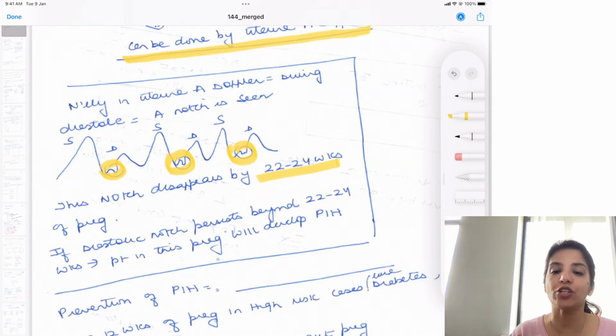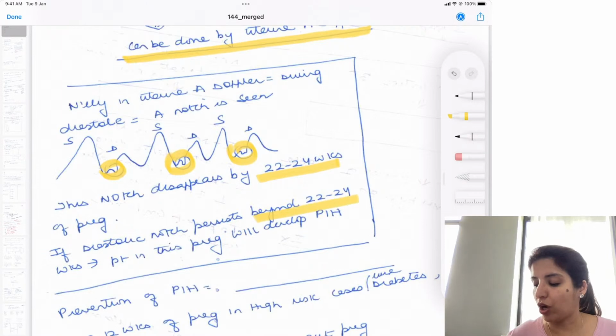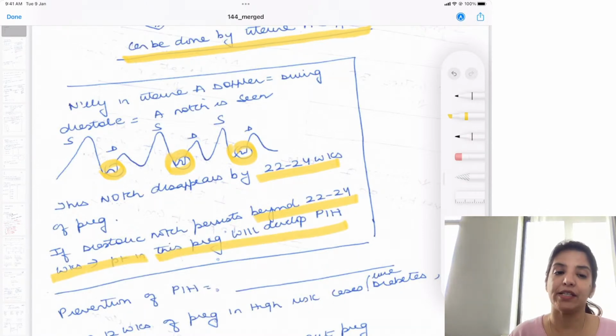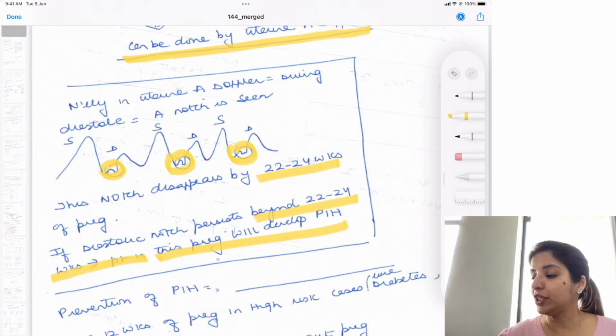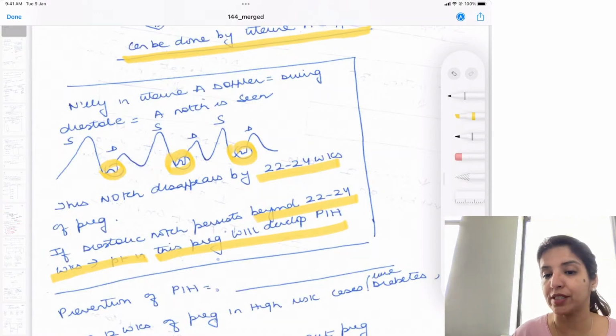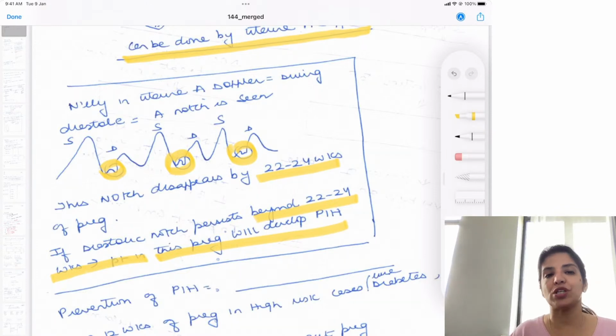But if this notch persists beyond 22 to 24 weeks of pregnancy, it indicates that in this pregnancy, your patient will develop PIH. Now, NEET PG students, you need to know more predictors, which I'm not discussing here. FMG students, you just need to know uterine artery Doppler.